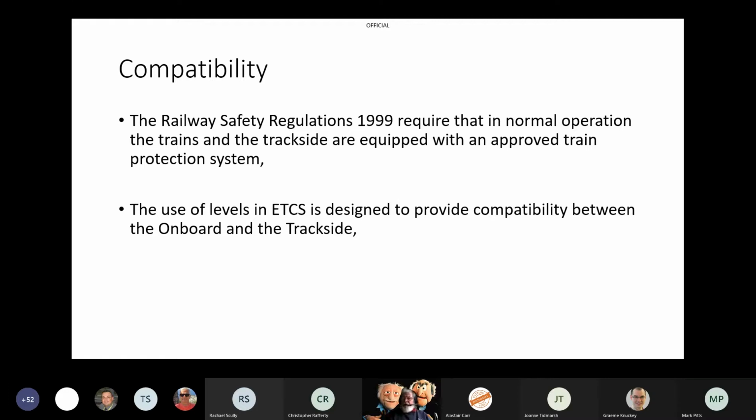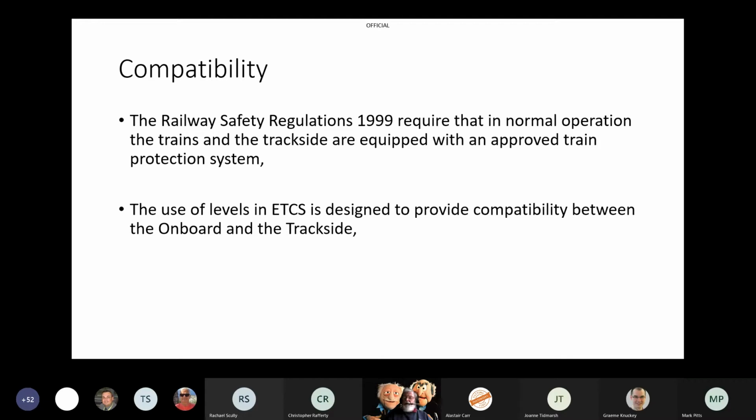The levels of ETCS are designed to provide compatibility between the onboard and the trackside. So if you're operating with ETCS, you will have compatibility. If you're not operating in ETCS, then your Class B system needs to provide that compatibility.